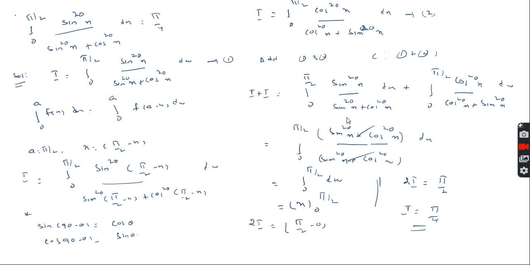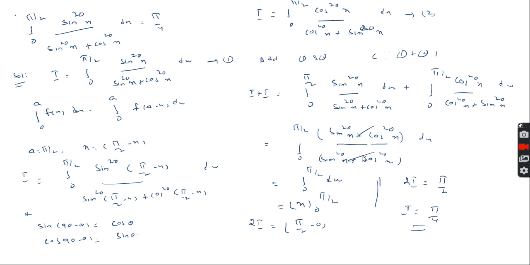If you observe, the denominators are the same, so we can add the numerators: sin^20 x plus cos^20 x by sin^20 x plus cos^20 x.